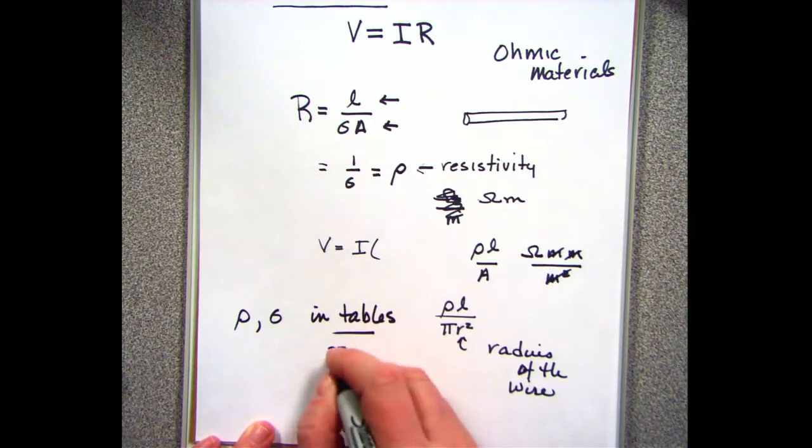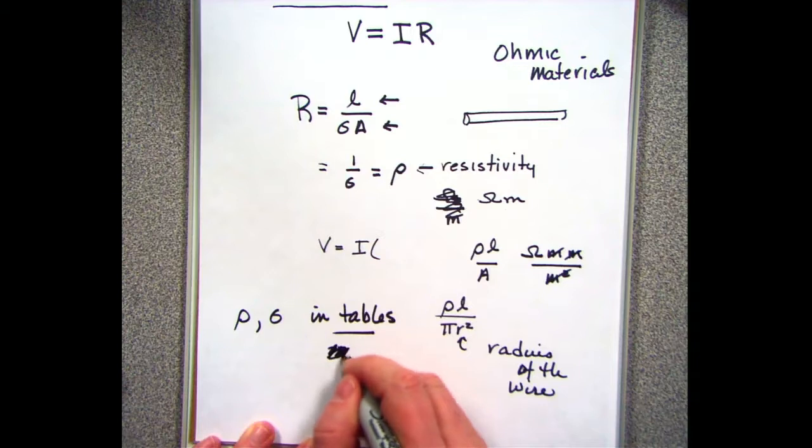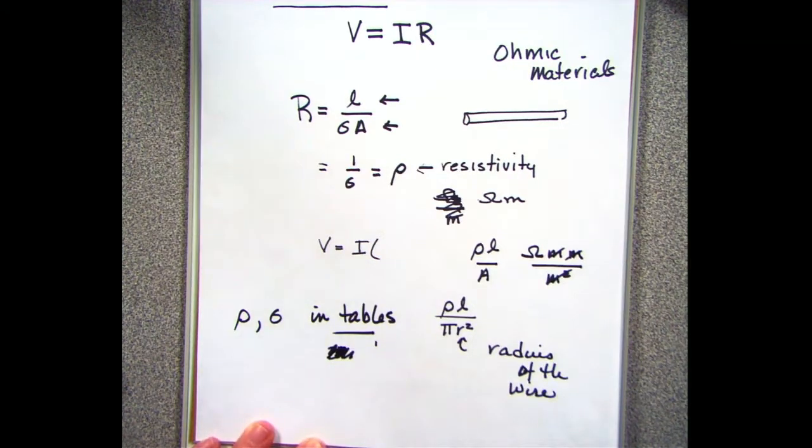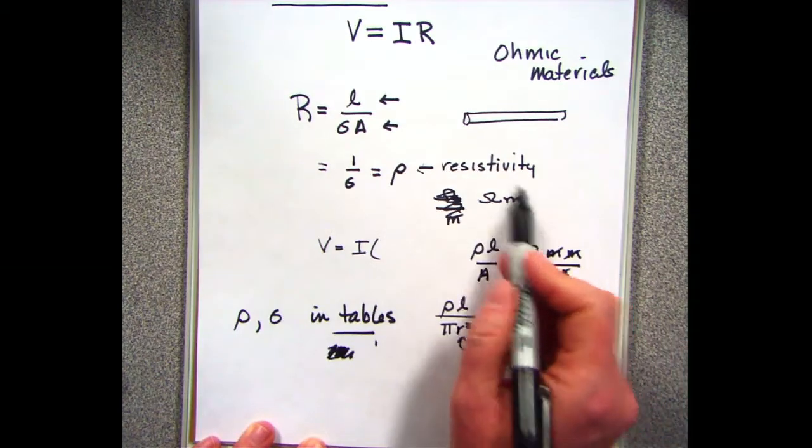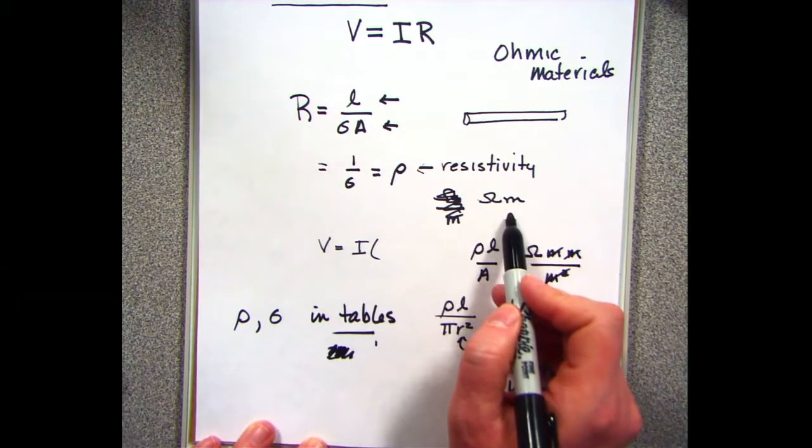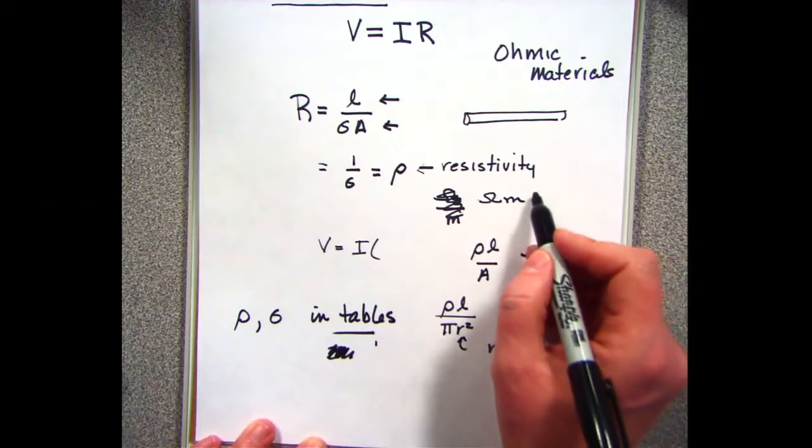So what will happen is your tables will look like this. It will give you a table that'll say copper, nickel, gold, and it'll give you resistivity and conductivity.